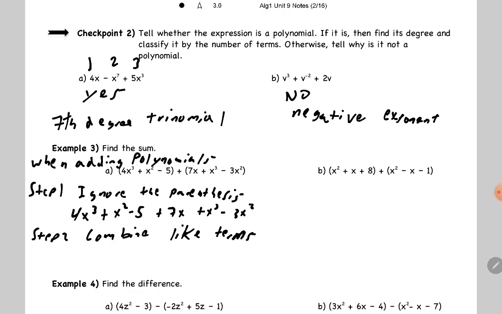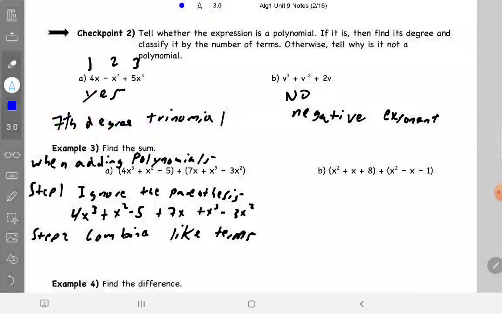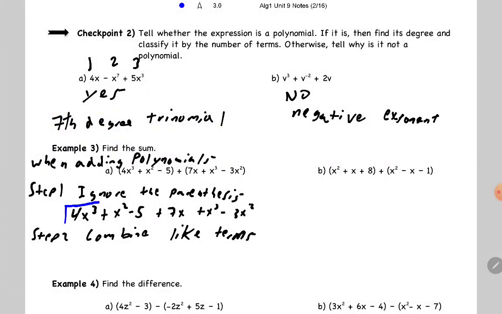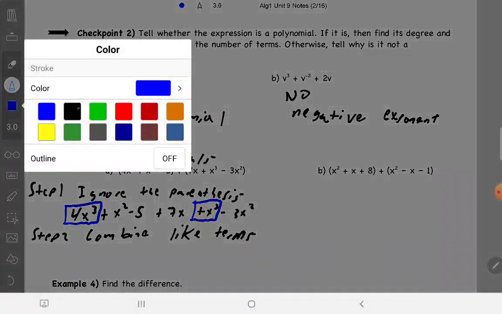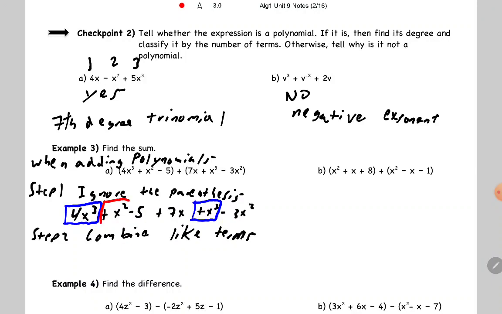Okay, so for example, let's color code these, I guess. We have 4x cubed and x cubed here. We have x squareds.